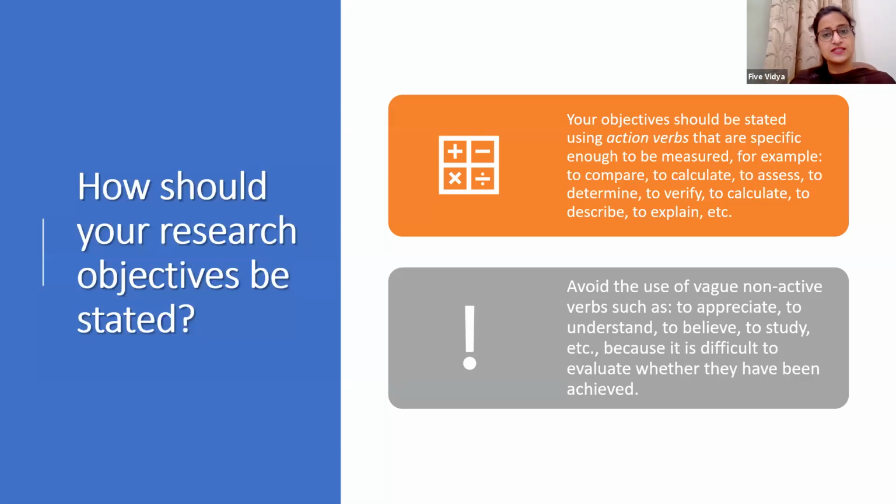You have to avoid non-active verbs, let's say to understand, to study. You cannot justify at the end what you understood or what you studied, but if you have objectives like to compare, to calculate, to assess, there you can have a conclusive finding as well.